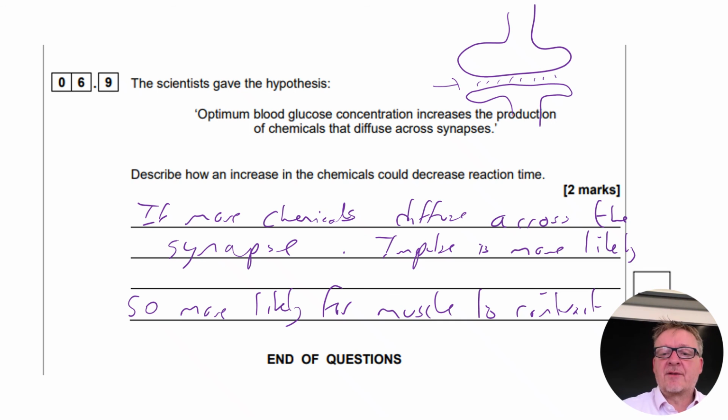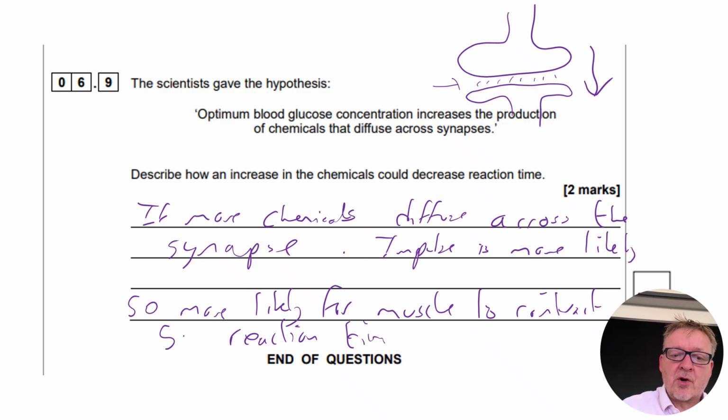Okay, so therefore, if more chemicals diffuse across, an impulse carrying on down is then more likely, and if it's more likely for the muscle to contract, reaction time decreases.